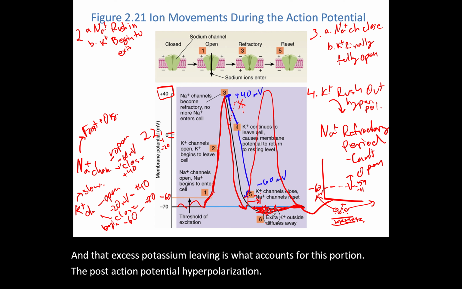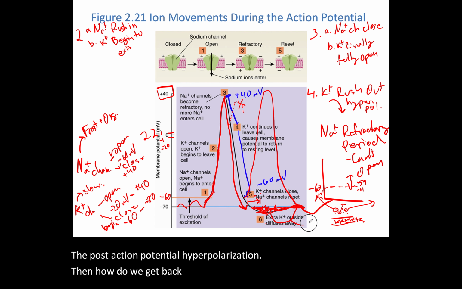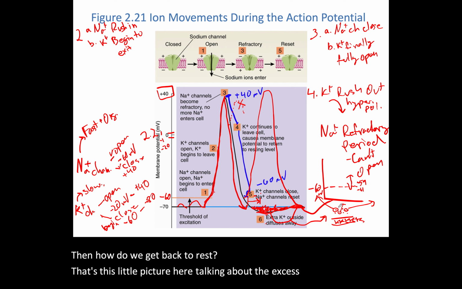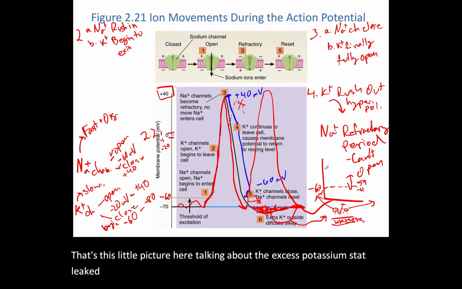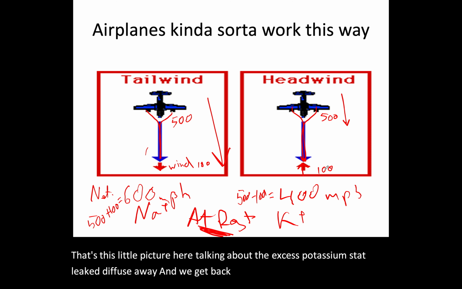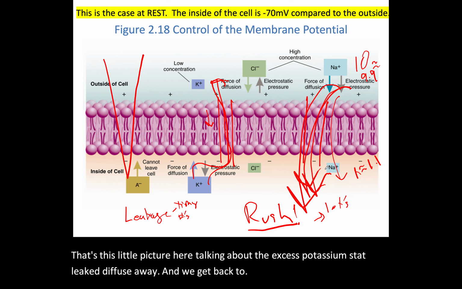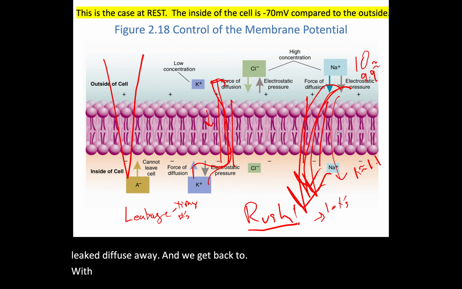Then how do we get back to rest? That's this little picture here, talking about the excess potassiums that leaked diffuse away, and we get back to this situation with these particular concentrations, and everything is back to normal.